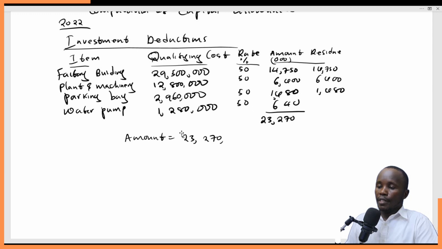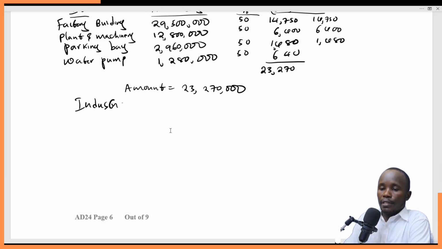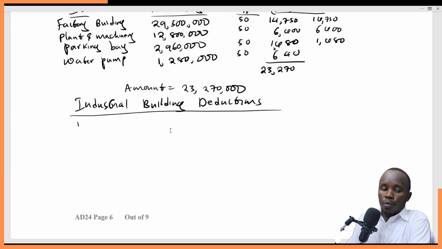Now we go to the next item here. The next is industrial building deductions. We have item, qualifying costs, rate, amount, residue.